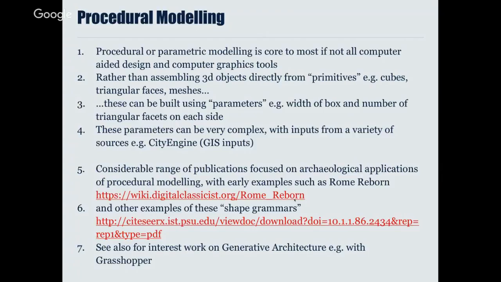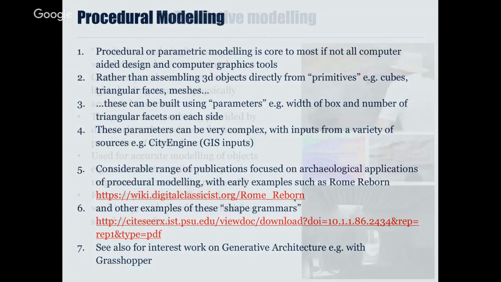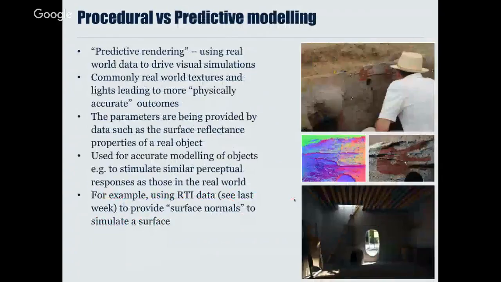Just a related term is predictive modeling. So if you think of procedural modeling as creating three-dimensional objects on the basis of scripts and rules and data, predictive modeling is doing the same thing, but the data that's being brought in is about the real world, not about the real world in terms of how buildings are made up of their individual components, but things about the real world in terms of how it functions.